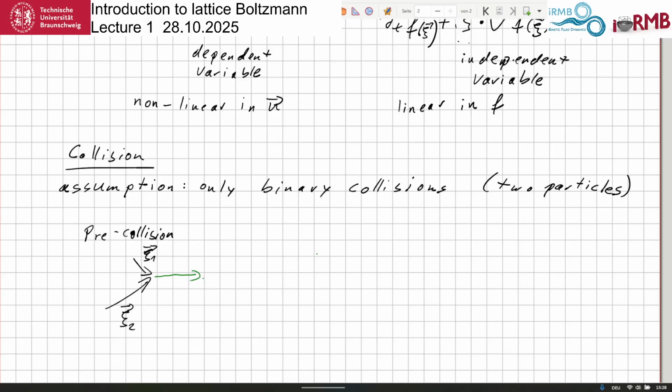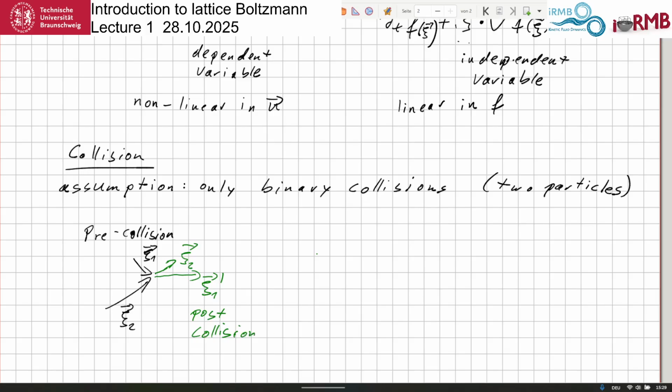Say this one is the c after the collision, and I will indicate that it's after the collision with this tick here, and then the other one may go this way. Maybe it's not accurate, but I only wanted to indicate that they go in a different way. We call this the post-collision, because this happens after the collision.